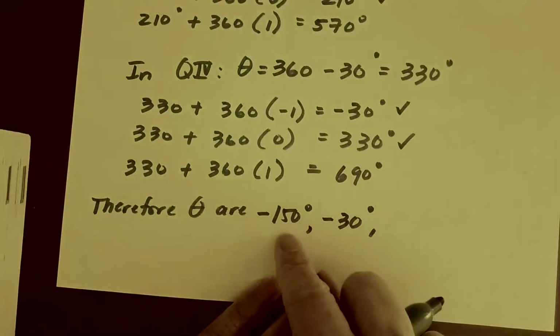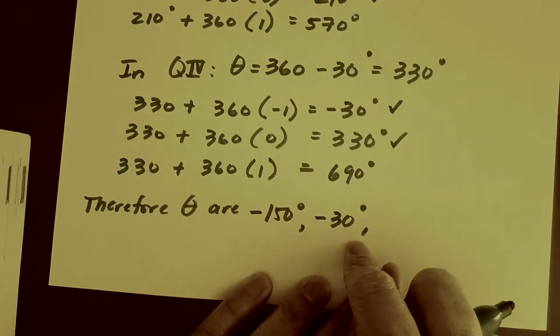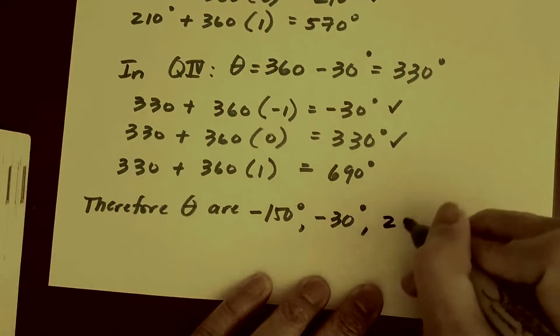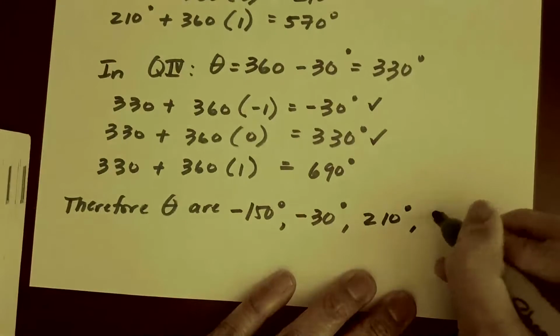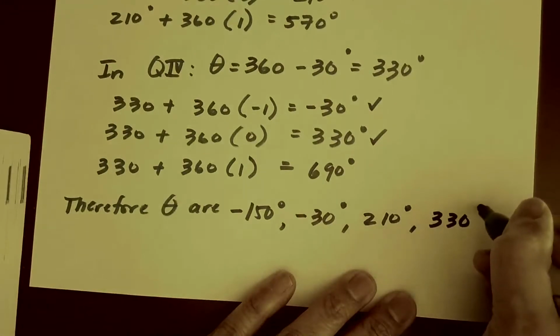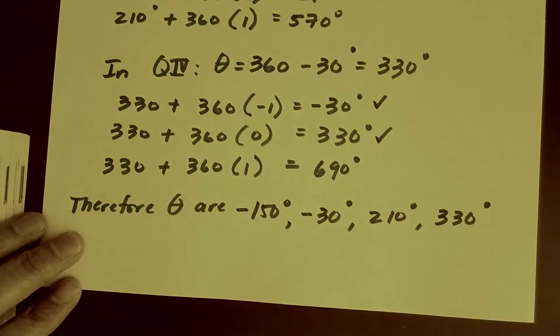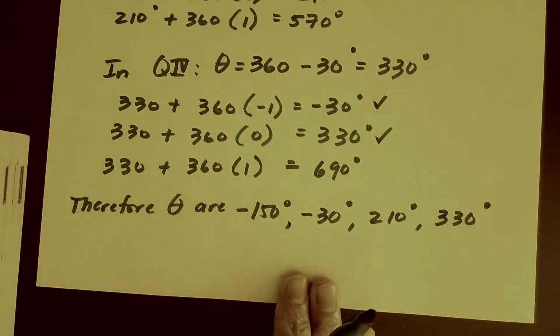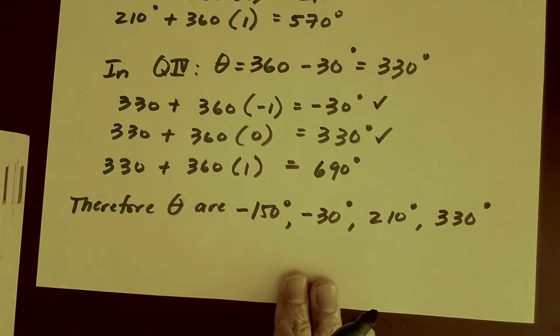So negative 150, negative 30, 210 degrees, and then the other one is 330. Okay, so there you go. Those are all of the four possible solutions to these ones.